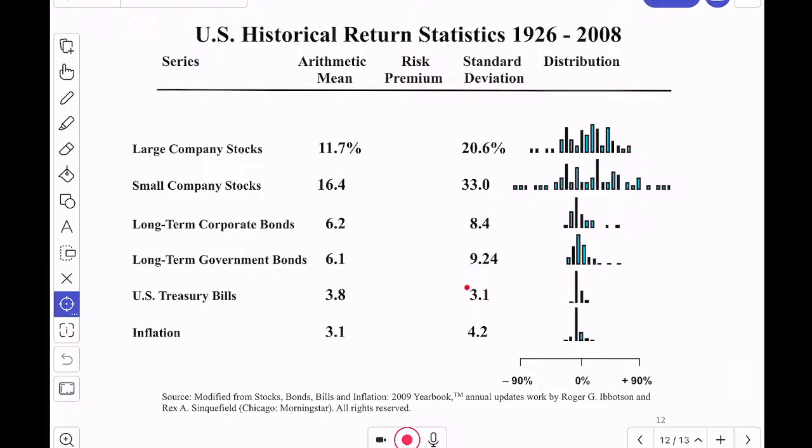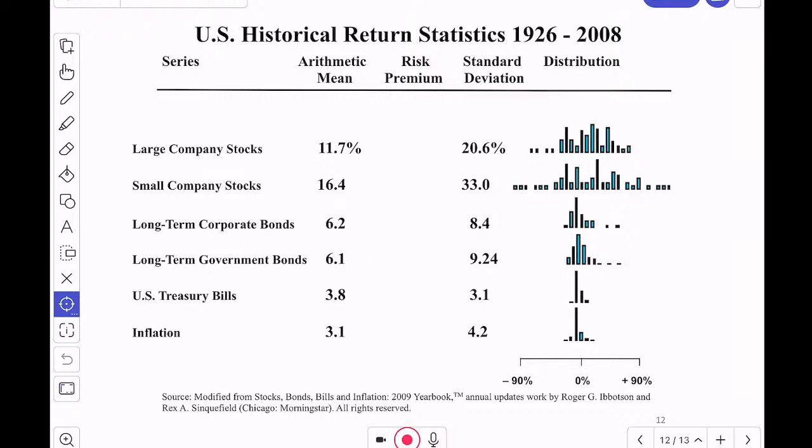The volatility is only 3.1%, a measure of standard deviation, and the return on average exceeds inflation, and this is why investors choose to invest in T-bills. And in order to invest in riskier class assets, taking on greater risk means that they would have to be compensated for a higher return, and if they weren't, these assets wouldn't exist.